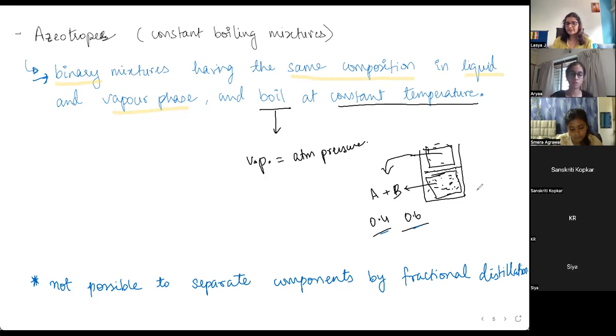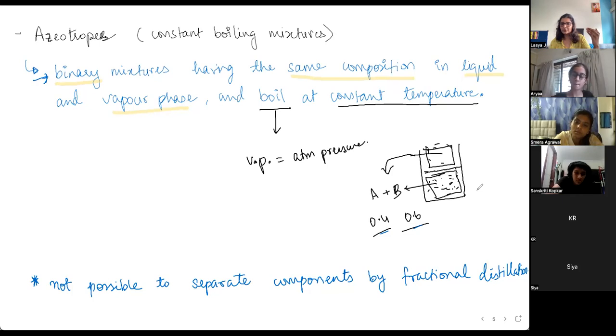So another characteristic that we didn't discuss till now, but which we are going to, is that when you have mixtures, the boiling point changes. This will happen whatever the solute may be. Even when you compare the boiling point of pure distilled water versus salt water, they are going to have different boiling points.